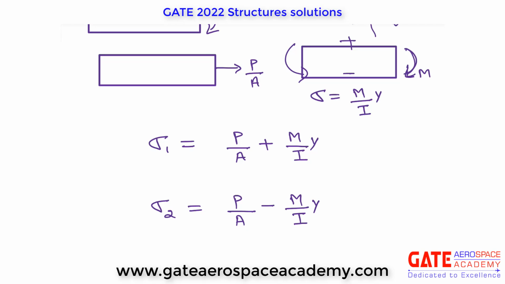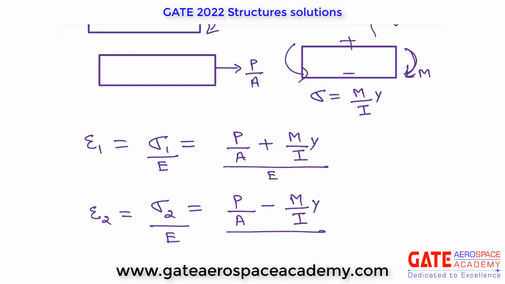Now if I want to find out strain on the top fiber, then we can divide stress by Young's modulus of elasticity. That will become strain. Similarly, here on the bottom fiber, right? This is equation 1, this is equation 2.